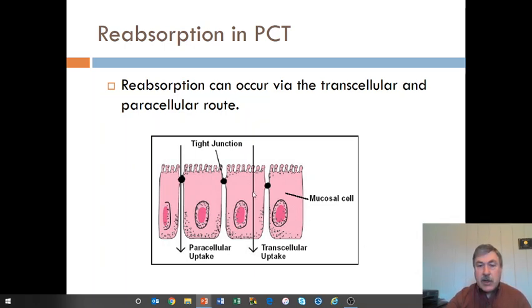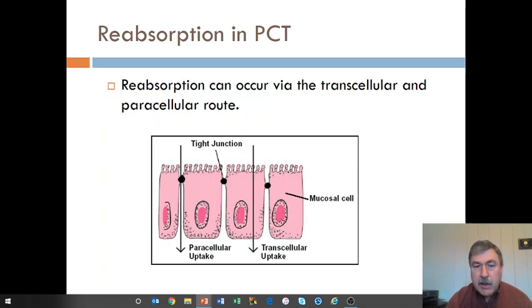So, there are two different routes by which substances can be reabsorbed across the walls of the proximal convoluted tubule. The first is called the transcellular route. The transcellular route goes straight through the cells of the tubule, and these cells are columnar-shaped cells. The other route is called the paracellular route.